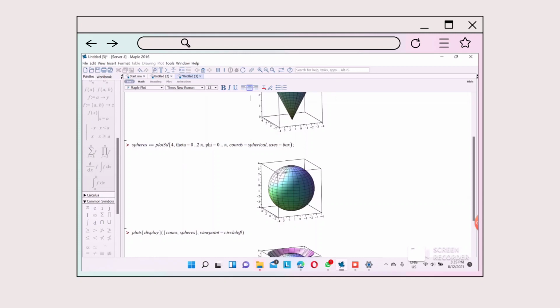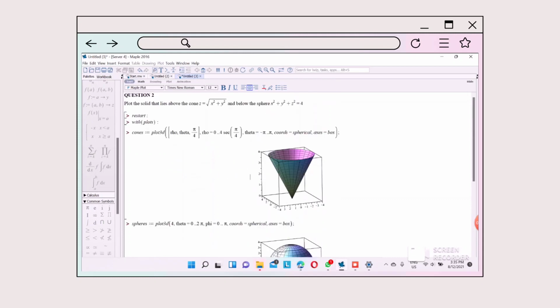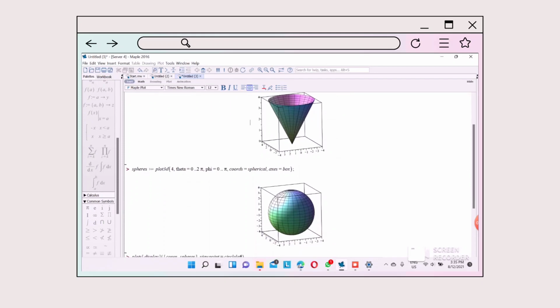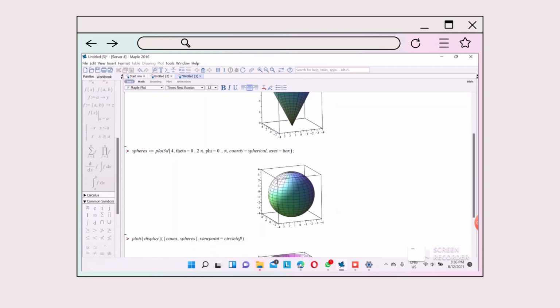Based on the question, the radius is 4, the range of theta is 0 to 2 pi, and the range of phi is 0 to pi because it is a sphere, not a hemisphere. It is spherical coordinates, so use coords equal to spherical and axes equal to box, so it is inside the box, and we get it like this.